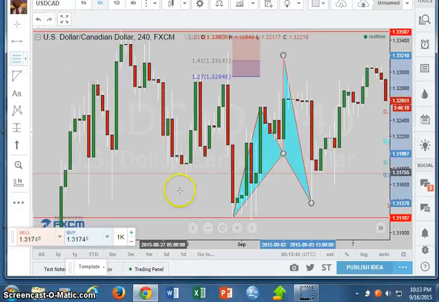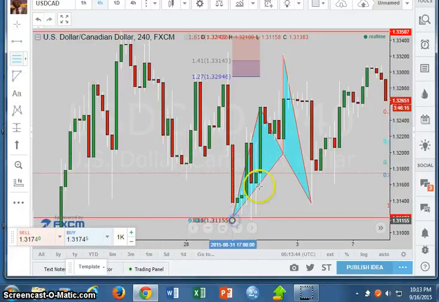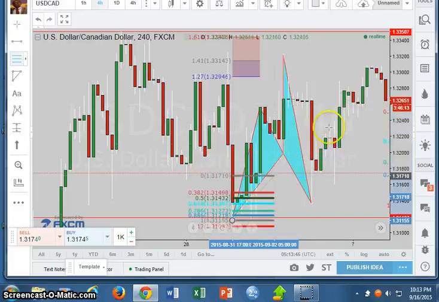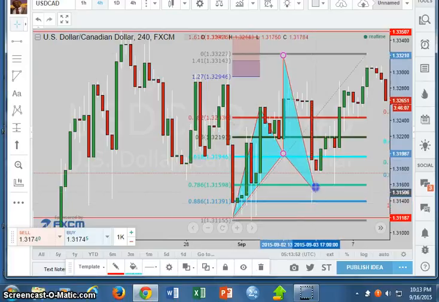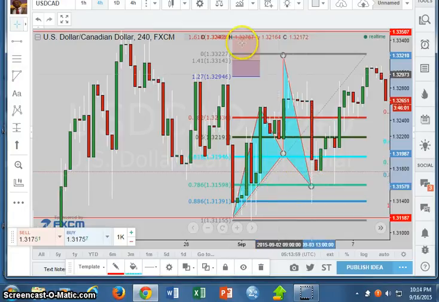Now for me to get the 0.786, I need to take my Fibonacci retracement tool from my X leg way up to my C leg and see where the 0.786 potential reversal zone is, and so it ends at that. So now you're looking at a combination of the Fibonacci extension as well as the Fibonacci retracements.